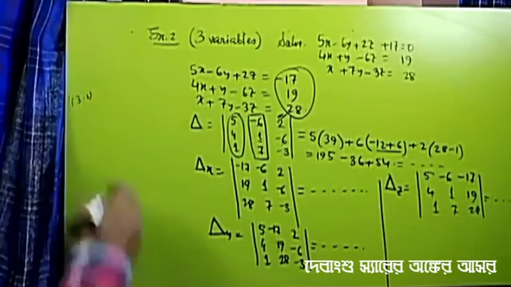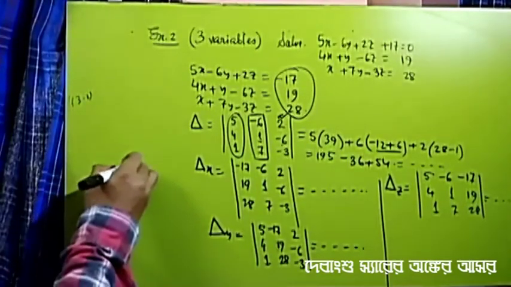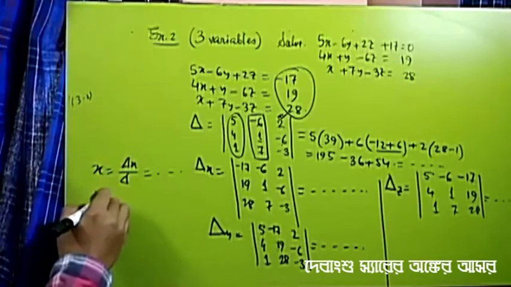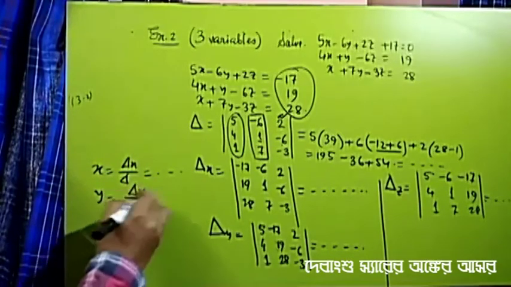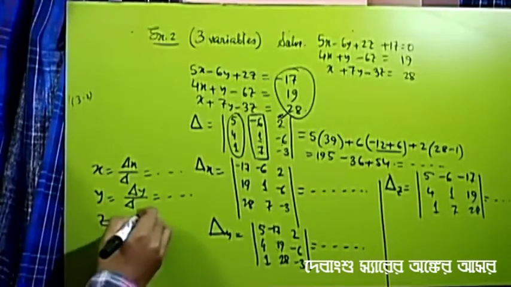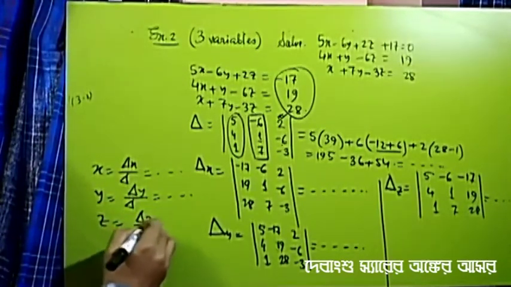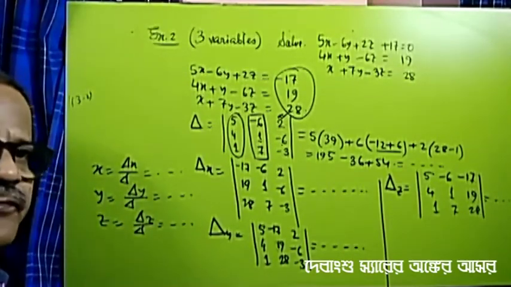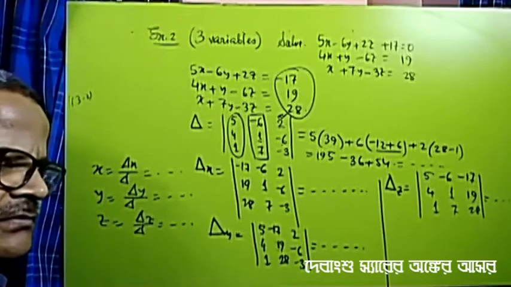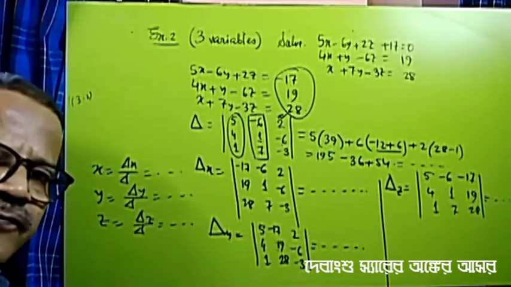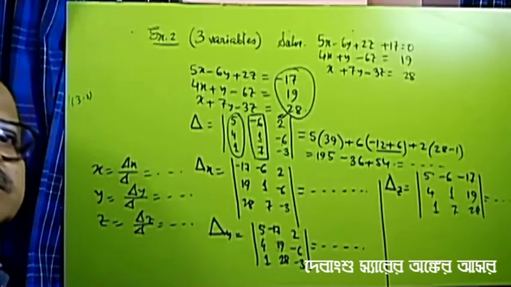After calculating, your x will be delta x by delta, y is equal to delta y by delta, z is equal to delta z by delta. This is the method of finding the solution of simultaneous linear equations of multiple variables.